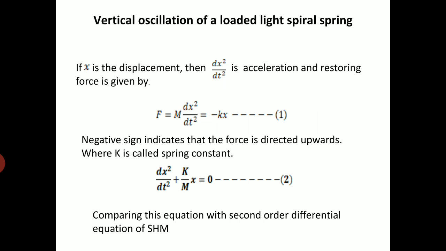If we say x is the displacement from its equilibrium position, then d²x/dt² is the acceleration and the restoring force is given by F equals m d²x/dt², which is equal to minus k x.